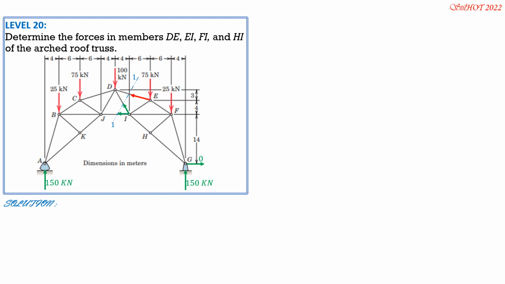Then we compute the angle that DE makes with the horizontal: arctan of 3 meters over 6 plus 4, so 10, arctan of 3 over 10. So theta DE is arctan of 0.3 or 16.699 degrees. There's no need to show that because I mentioned it.